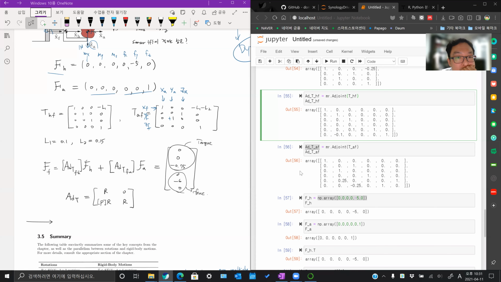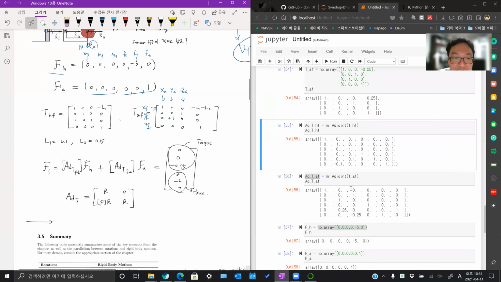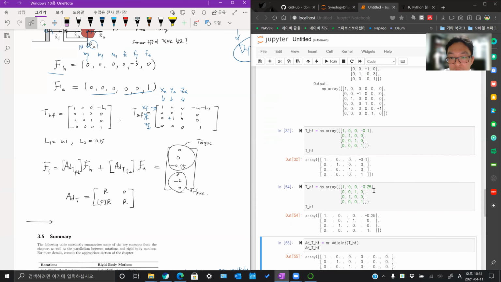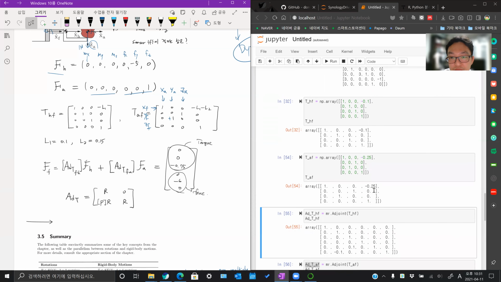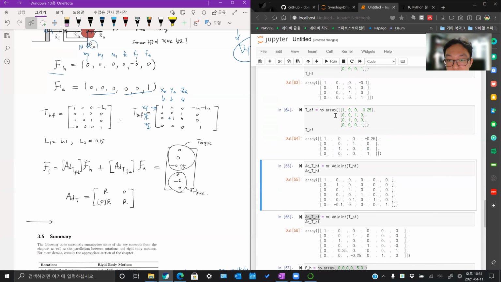Ah, okay, okay. We calculate TAF, but in the case of other joints, we should use TFA. So there is a difference. Okay, let's try it again.